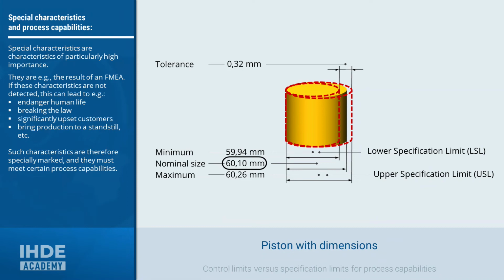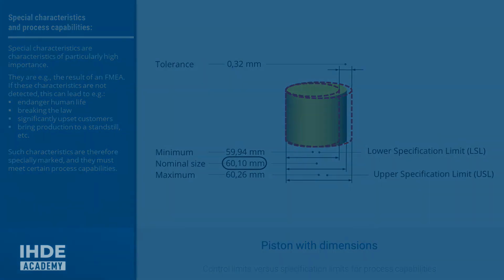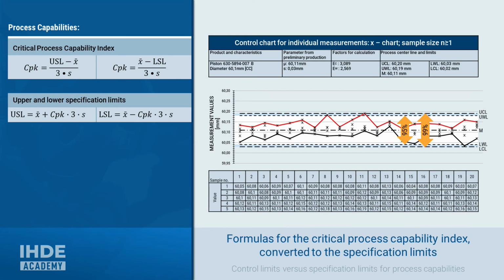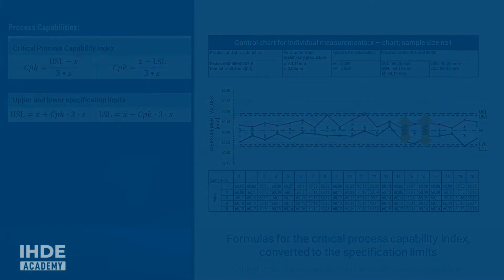We will see in a moment how the tolerance and the minimum and maximum dimensions were calculated. In this case, instead of deriving the tolerance from technical considerations, the tolerance should be selected in such a way that a specific process capability is met.